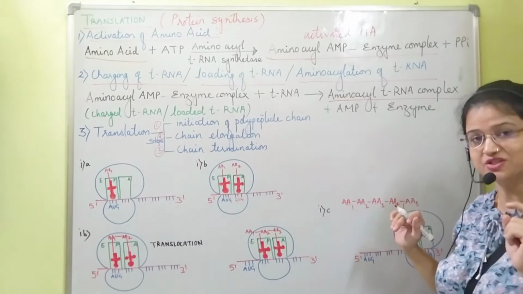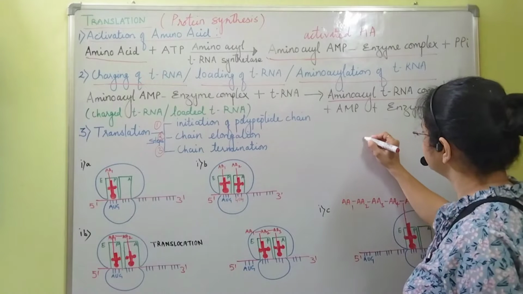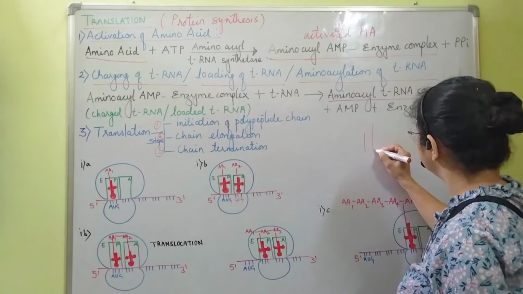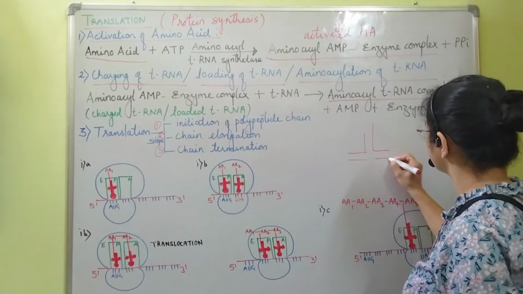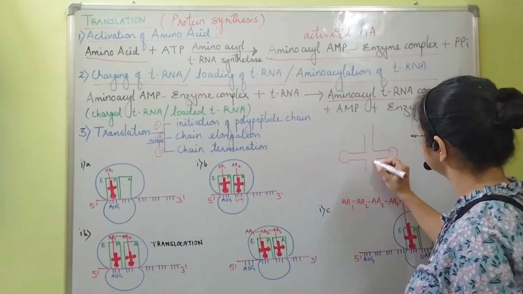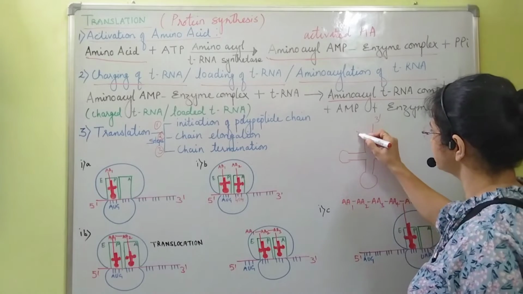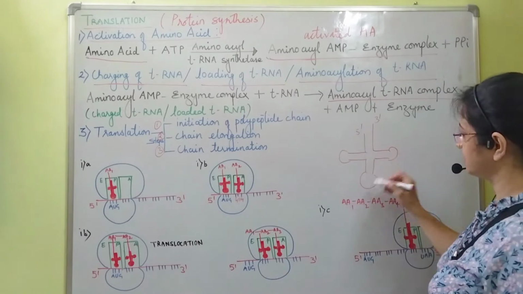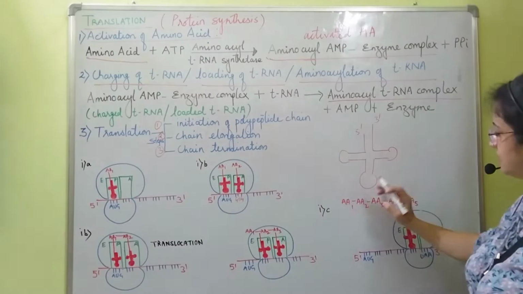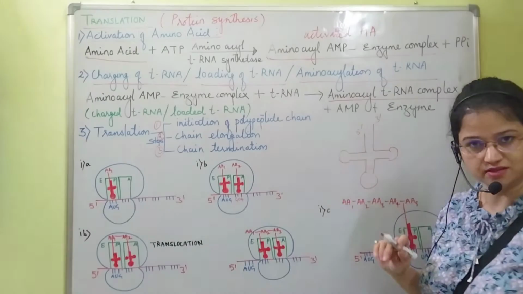If it is not clear, just see this diagram. We have studied earlier that this is the structure of tRNA. Clear? This is the 3' end and this is the 5' end. These are the 3 loops: T loop, anticodon loop, and D loop.